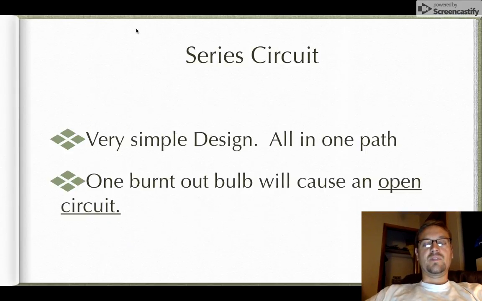So it's very simple. Everything's in one continuous path. But if you do lose an LED, you do lose a light bulb, the motor burns out, everything else will cause it to go into an open circuit where it will no longer work.